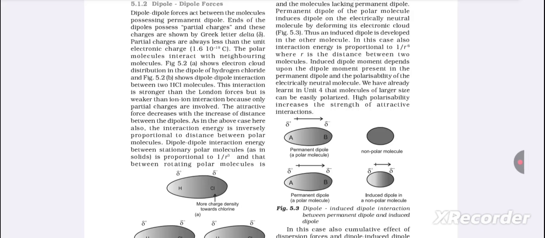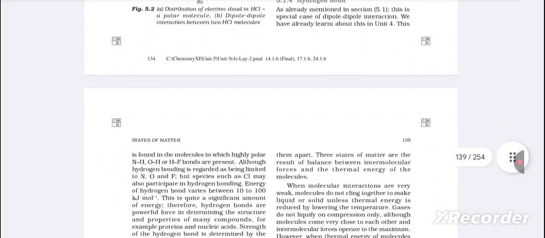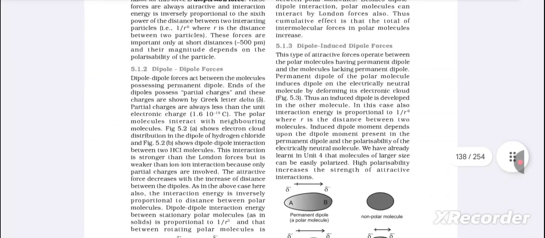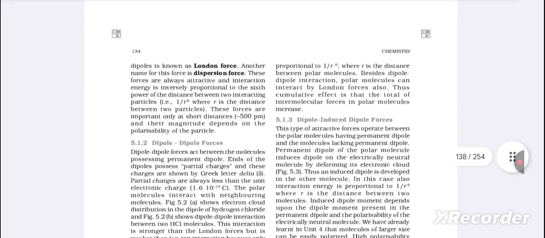Dipole-dipole interaction energy between stationary polar molecules is proportional to 1/r^3, and that between rotating polar molecules is proportional to 1/r^6, where r is the distance between polar molecules. Besides dipole-dipole interaction, polar molecules can interact by London force also. Thus, the cumulative effect is that the total of the intermolecular forces in polar molecules increases.